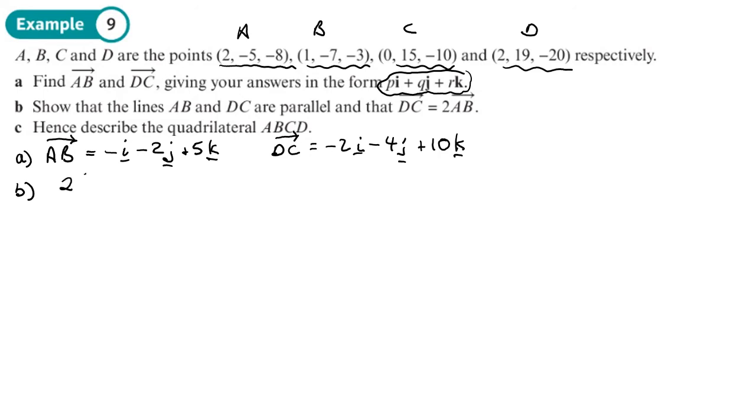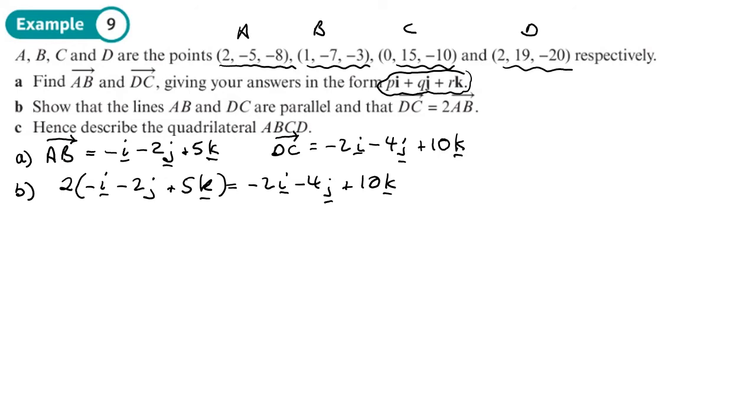So 2 times this, minus I minus 2J plus 5K, equals minus 2I minus 4J plus 10K. That's pretty much all I can do. That's shown that they're parallel because one's a multiple of the other, and I've shown that one side's double the length of the other.